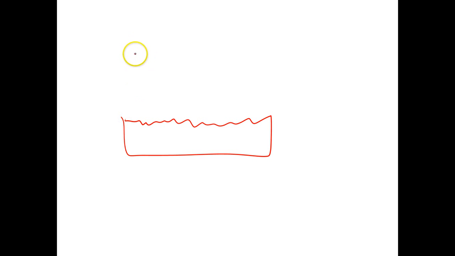So let's imagine that this is a catalyst. This is the surface of a catalyst, and the reactant particles come on board here. Let's say this is a reactant particle. This is a reactant particle, and it comes on board here. It comes on board, and it must plug into the site. So in order for the reactant particles to plug into the site, the site must be clean.